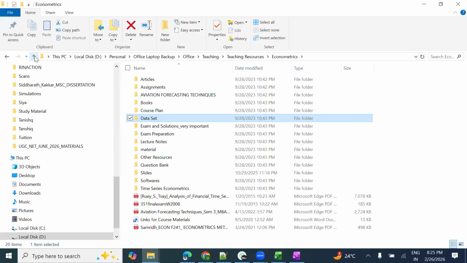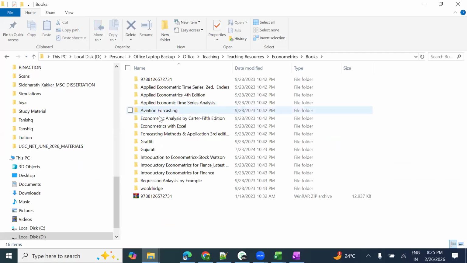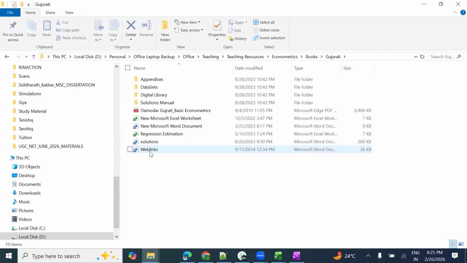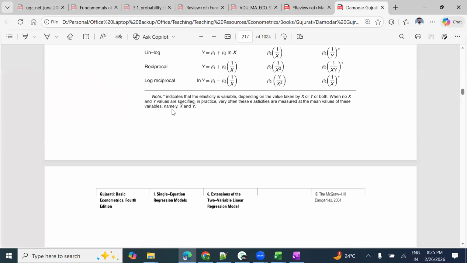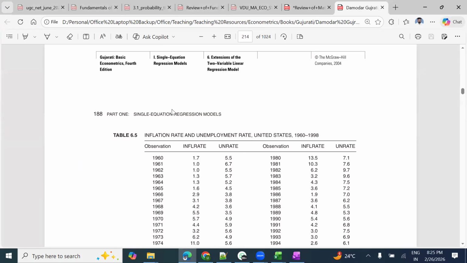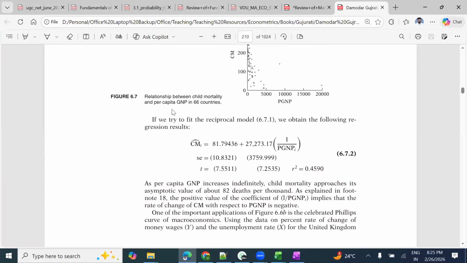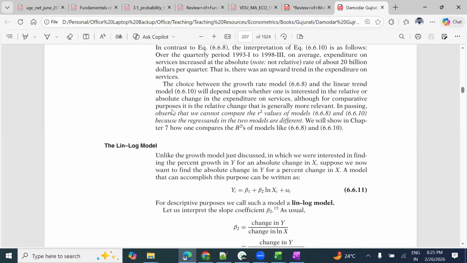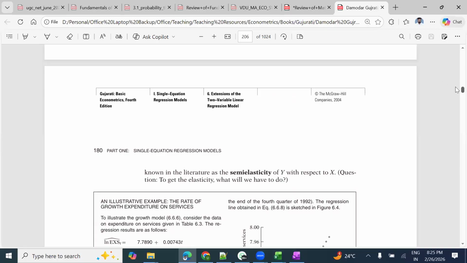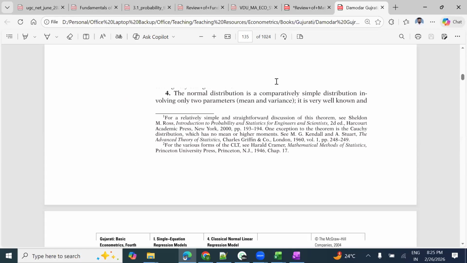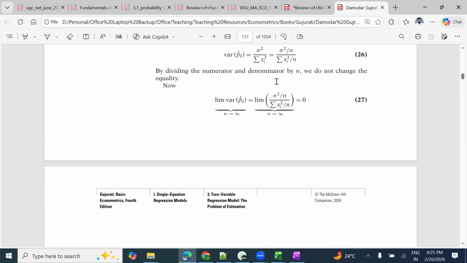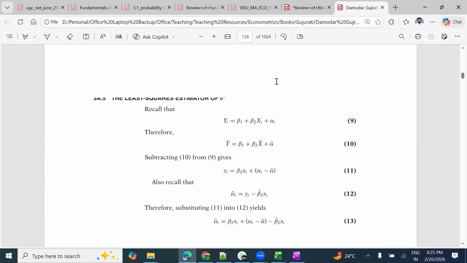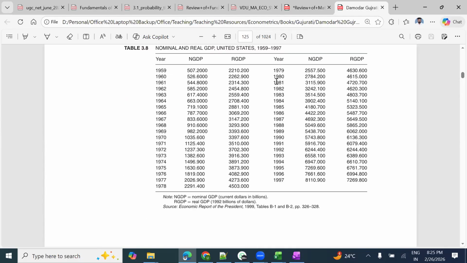I have all the data sets, so don't worry about the data. We'll do it. But this book I will give you. Whenever we do any exercise, you can keep this as the first reference. I think we will use this data to learn econometrics. Let's try to understand. I think it will be in chapter number 2. I think I told you earlier also.